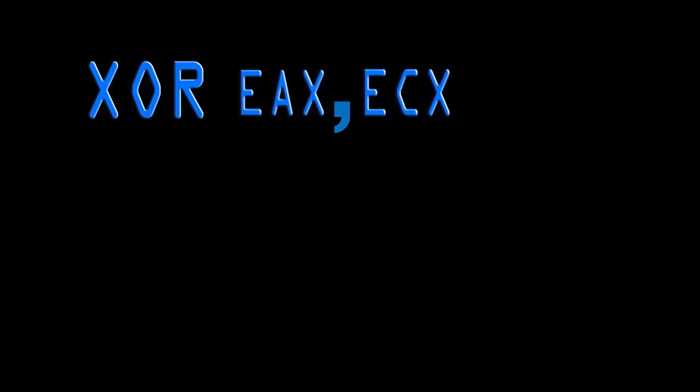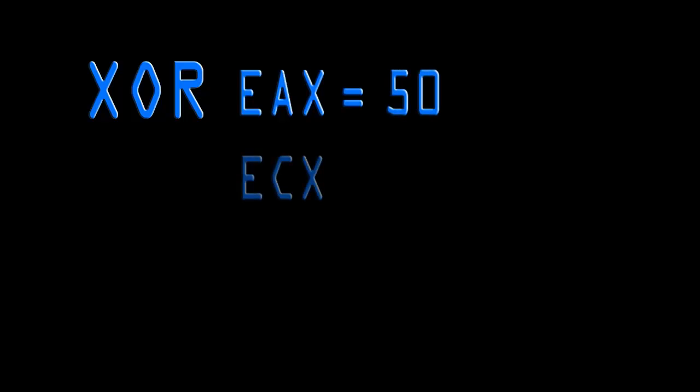Let's say EAX, and you'll notice in our game EAX is storing our regular value, that 5 lives, okay? But for this example, let's just say that EAX equals 50, and ECX equals 60, okay? Those two decimal values that we go by all the time.